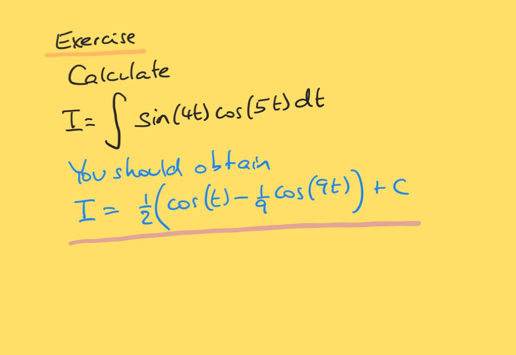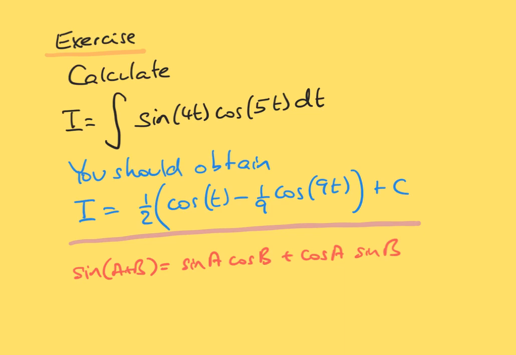Okay, if you would like the hint, the formula that you're looking for is a formula that involves sines multiplied by cosines, and that's going to be the formula for the sine of A plus B, and the sine of A plus B is sine A cos B plus cos A sine B.